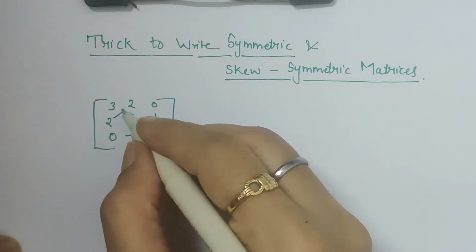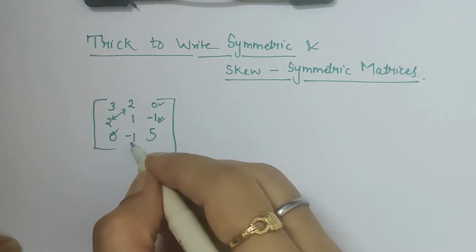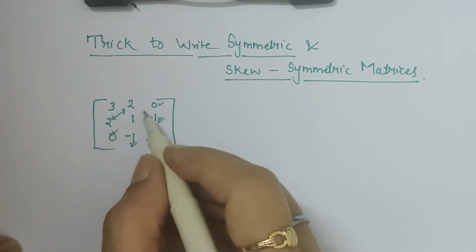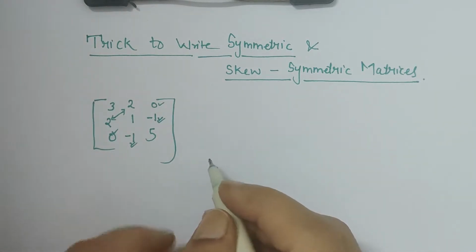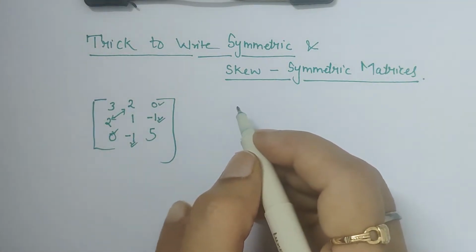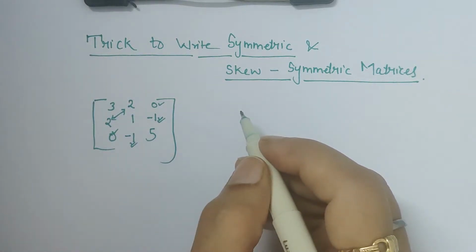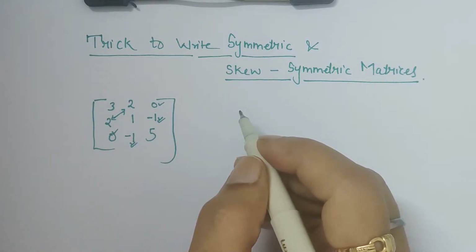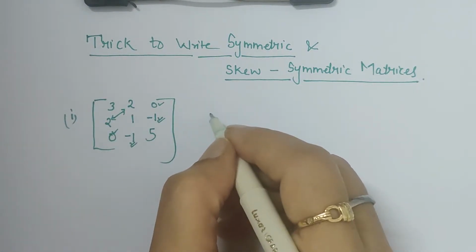That means these two entries have to be the same. This should be same, this should be same, and this should be same. Let's try another example, and then I will also show how it is symmetric, because these matrices will satisfy the symmetric condition. So this is one example which we have created ourselves.